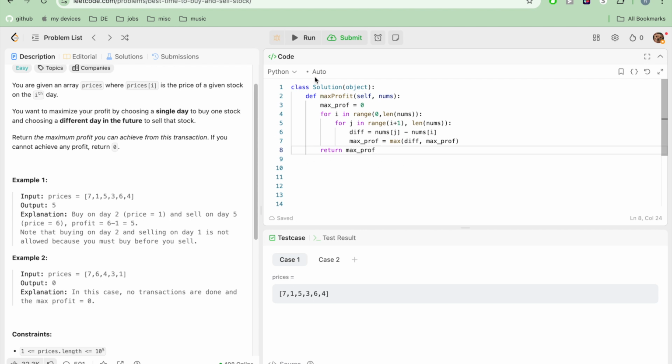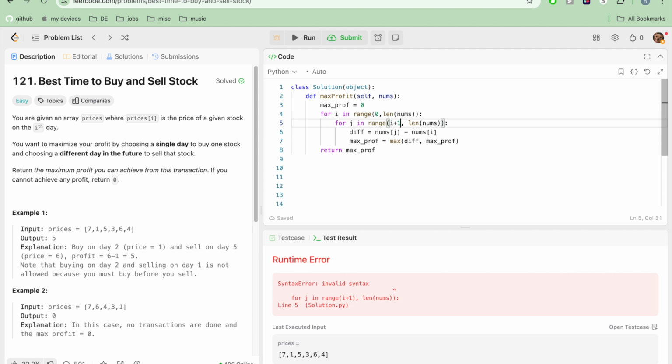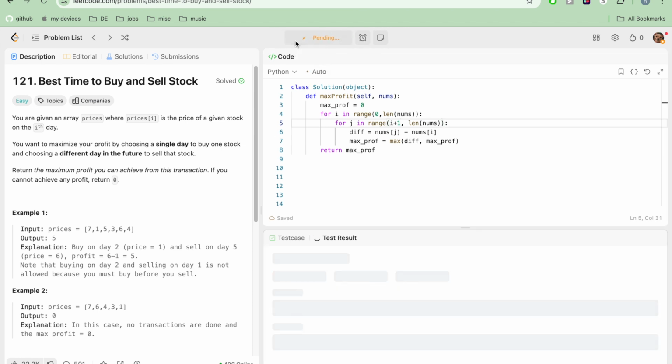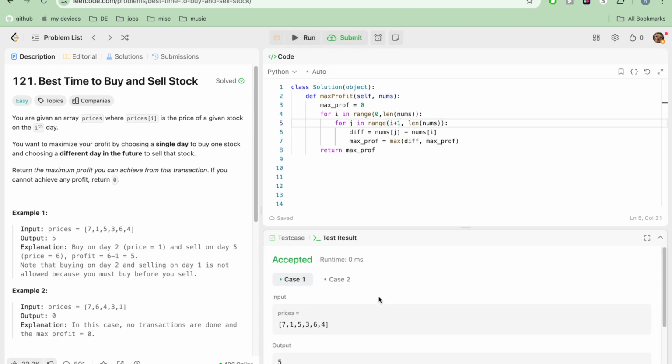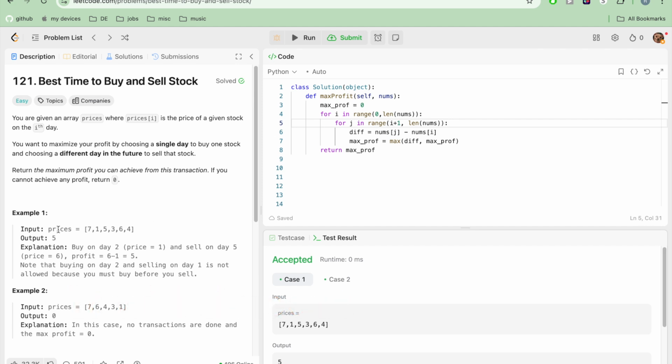All right, let's run it. Okay, there's one syntax error. Nice, so this is running at least for these two cases. If I submit this program to check all the test cases, it's going to fail for those inputs where we have a big list of prices.